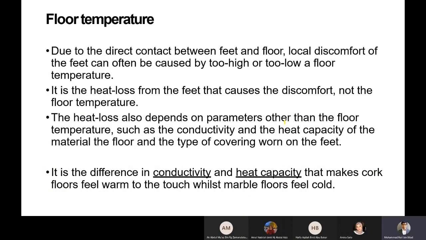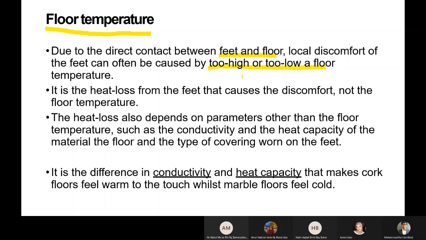Okay, I got 2 more slides. 10 minutes. Okay, so the last part to discuss is floor temperature. It happens through the direct contact of the feet and the floor. You feel discomfort because the temperature is too hot or too low.